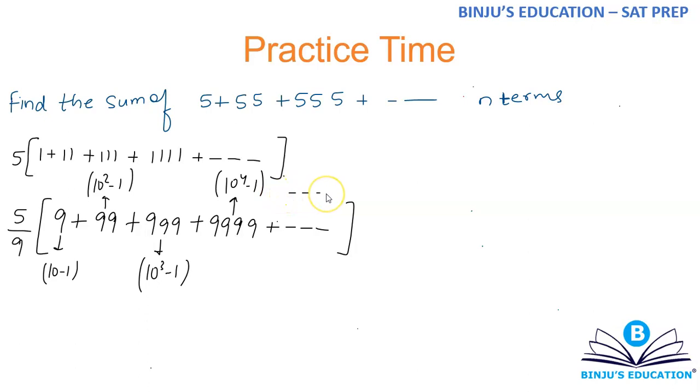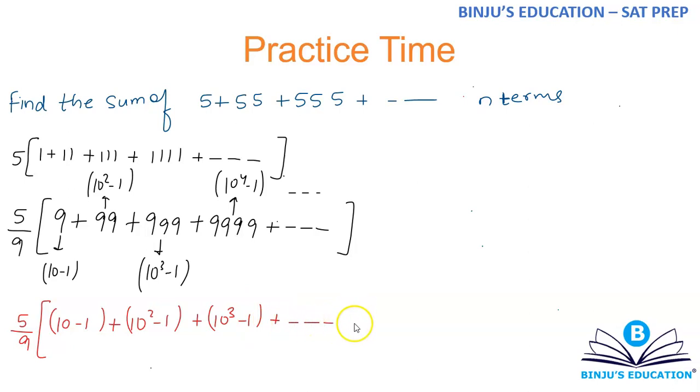So the point here is that your entire expression can be written as 5 by 9 into (10 minus 1) plus (10 square minus 1) plus (10 cube minus 1) and so on up to 10 to the power n minus 1, if you have n terms.